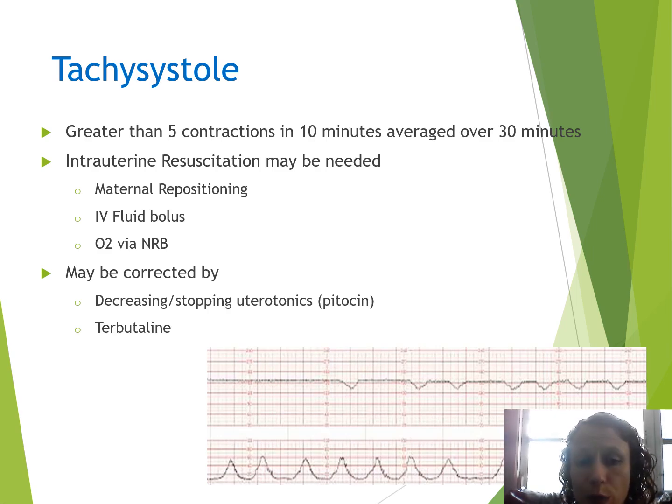So maternal positioning, her on her side, right or left lateral, are our most typical first interventions. Giving her a fluid bolus might also be something that we would do to correct it, or giving her O2 with a non-rebreather. So usually 10 liters O2 with a non-rebreather is what you'll most typically see.